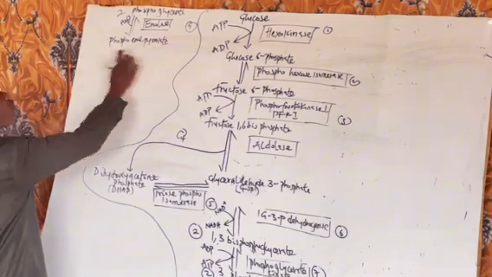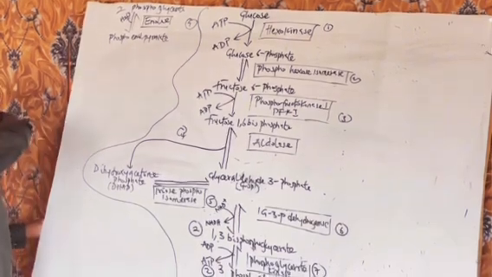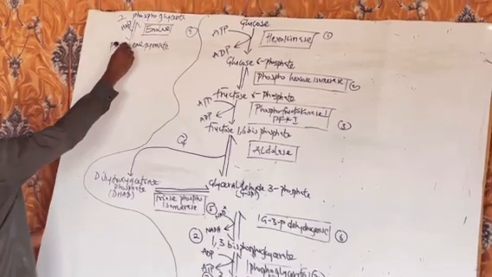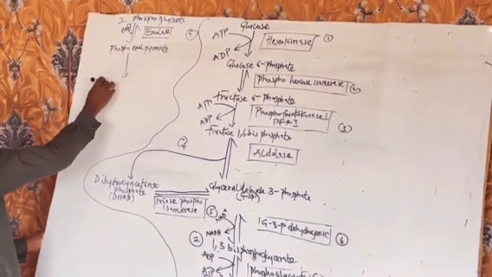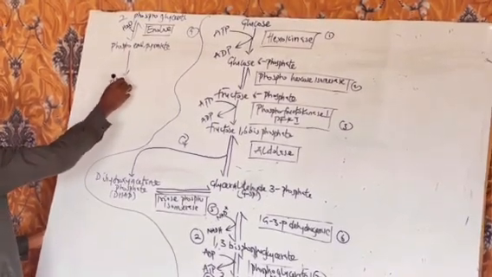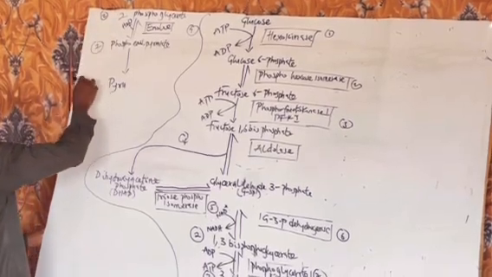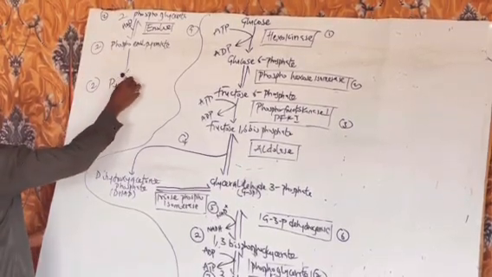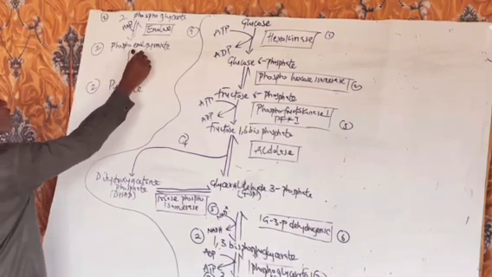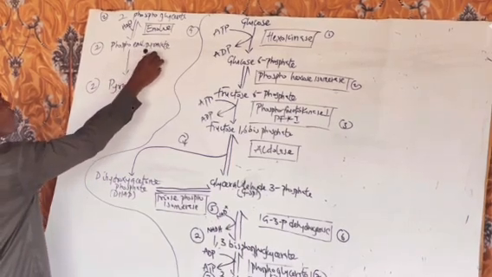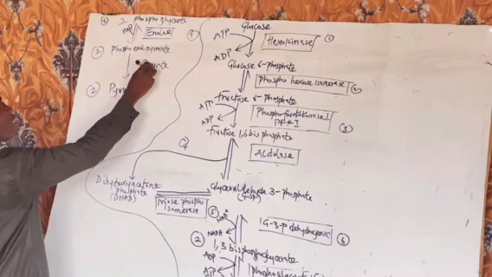Phosphoenolpyruvate is now converted to pyruvate. Remember, don't forget your 2 molecules of pyruvate. And the enzyme that does this is PK, pyruvate kinase.